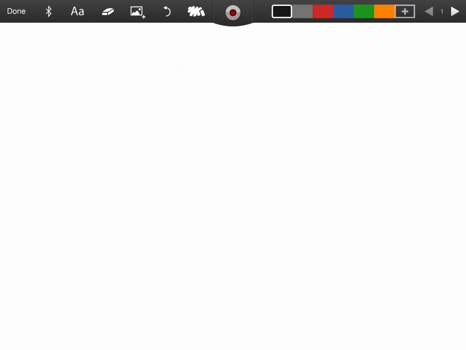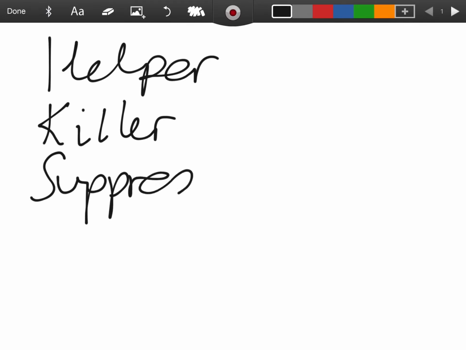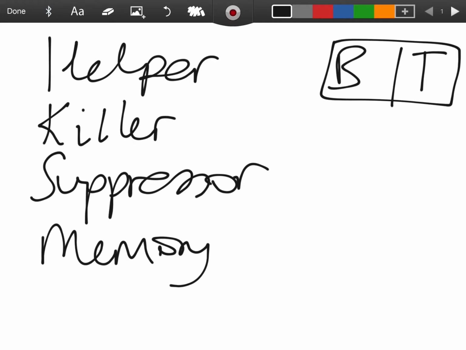List 3 types of T lymphocyte. Well, we did these in the video. You have helper T lymphocytes, killer T lymphocytes, suppressor T lymphocytes, and then memory T lymphocytes. Now, just to distinguish again between T and B lymphocytes, they are both white blood cells, okay? They are both lymphocytes.